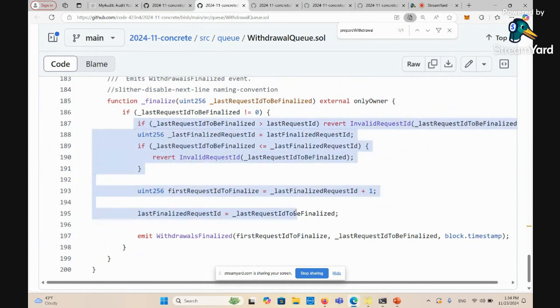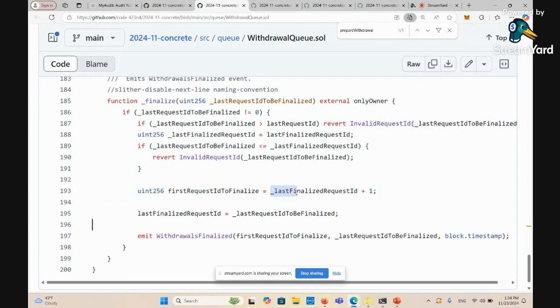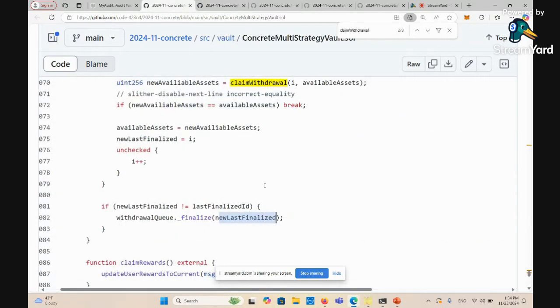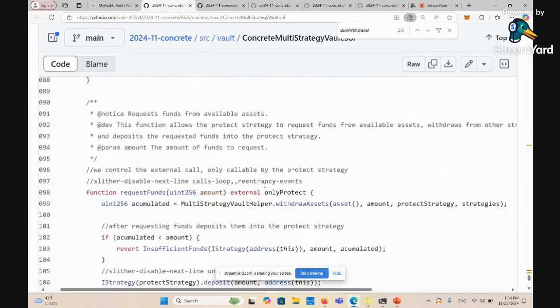There's a bunch of checks, but don't worry about it. The most important one is this line. Nothing else is important. We simply change the last finalized request ID to be the new last finalized request ID. Okay, so that's how claim withdrawal works.